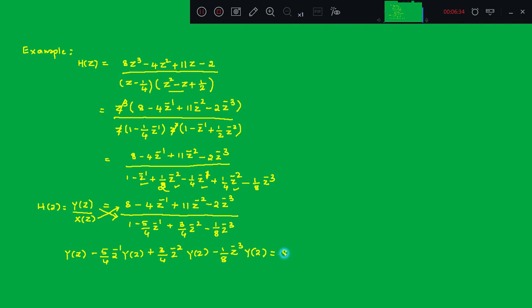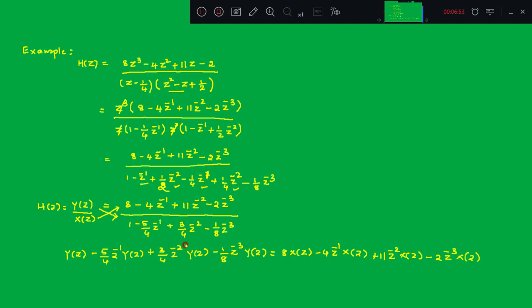So 8 into x of z minus 4 z raised to minus 1 x of z plus 11 z raised to minus 2 x of z, then minus 2 z raised to minus 3 x of z.